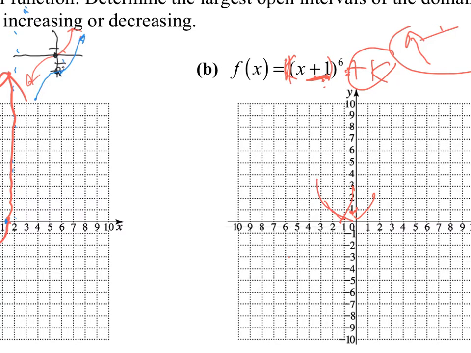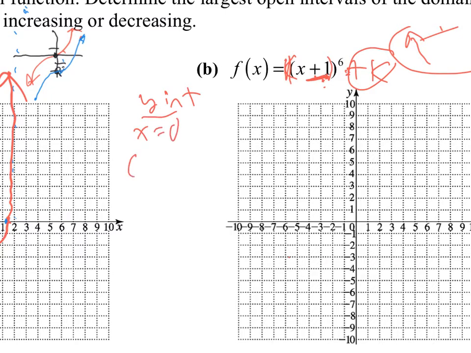Okay? So let me do it by hand and see if we can come up with something that looks like that. First thing I do is, how did I do the other one? I did my y-intercept, remember? My y-intercept happened when x is 0.